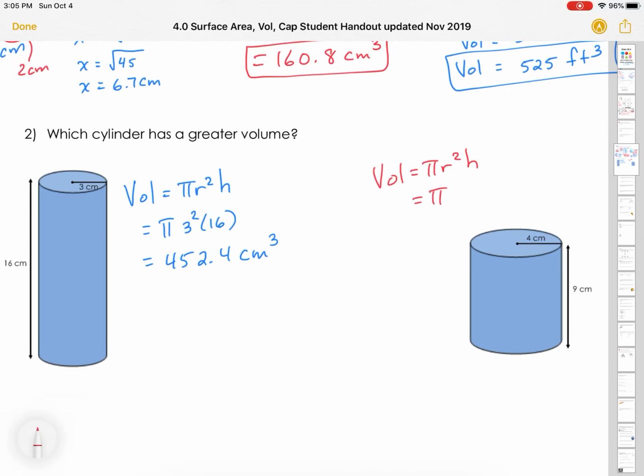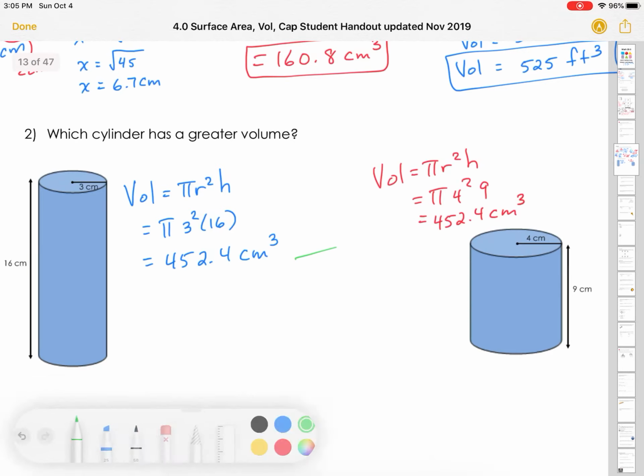Over here, I have pi, my radius here is 4, squared, times 9. So, second function, pi times 4 squared times 9. And voila, they are exactly the same volume.